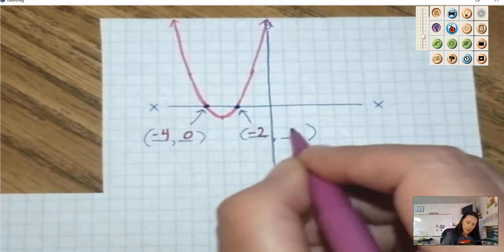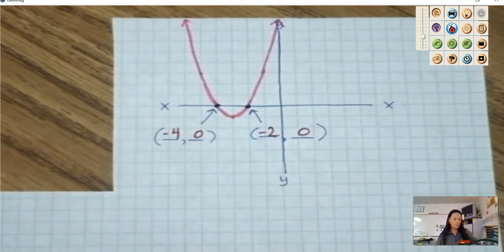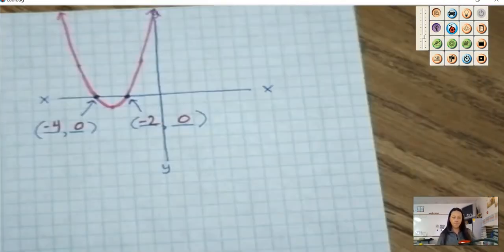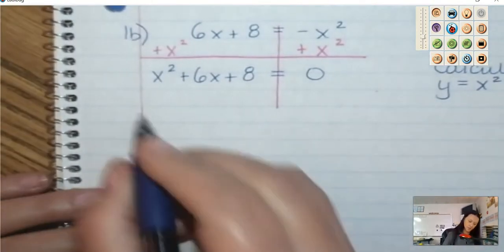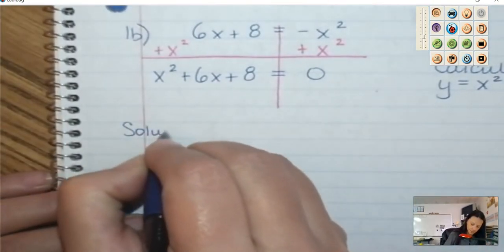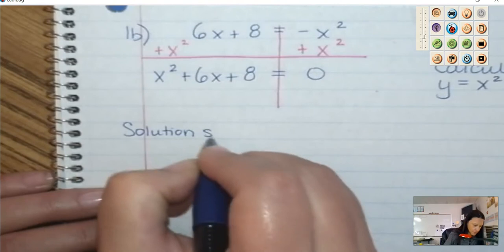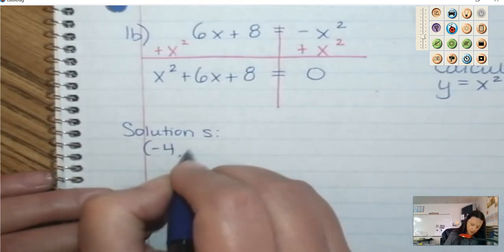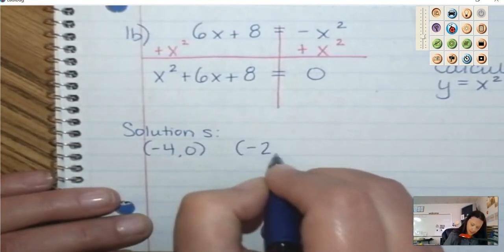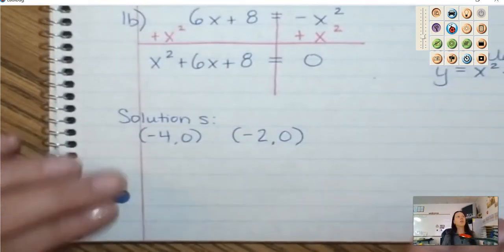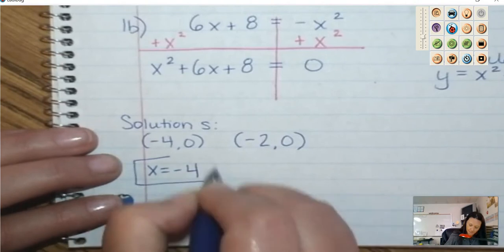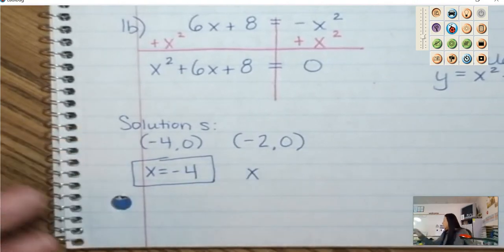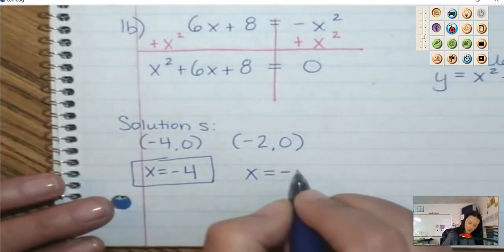This one's at -2, 0. So the solutions are -4, 0 and -2, 0. And then we're going to start getting in the habit of writing it as x equals -4 and x equals -2.